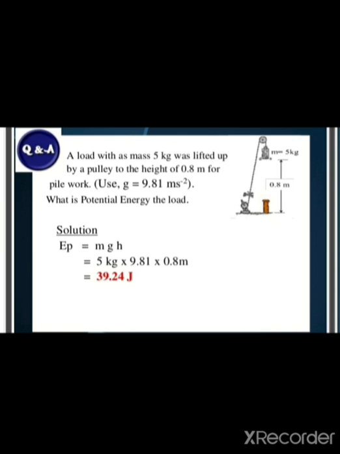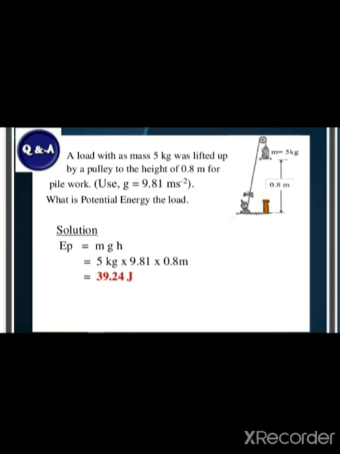For this, we have to take g, the gravitational acceleration, equal to 9.81 meter per second square. We have to find the potential energy.